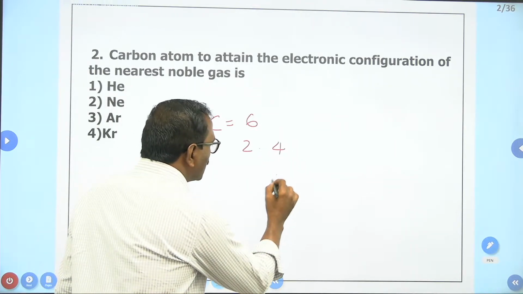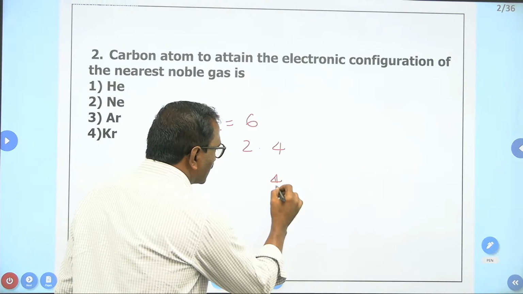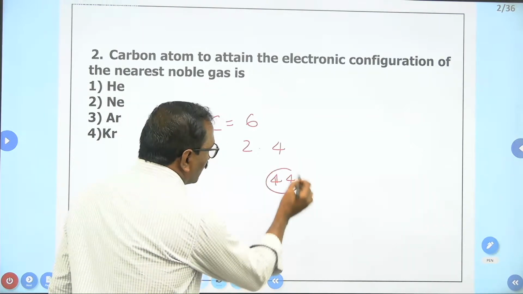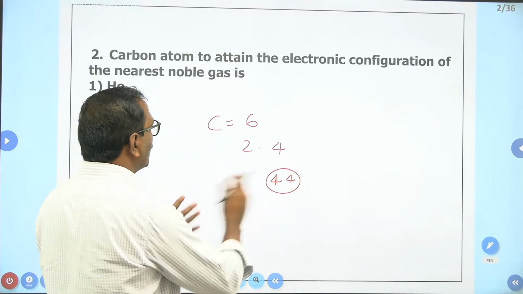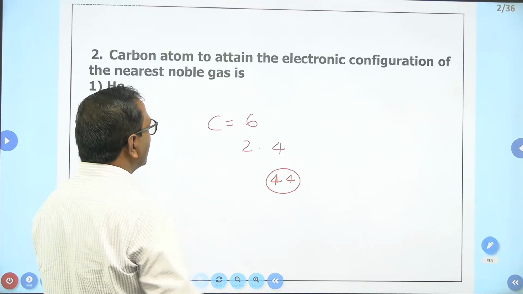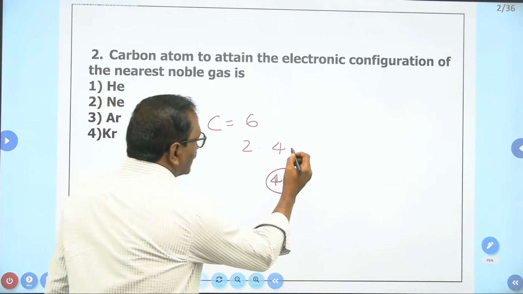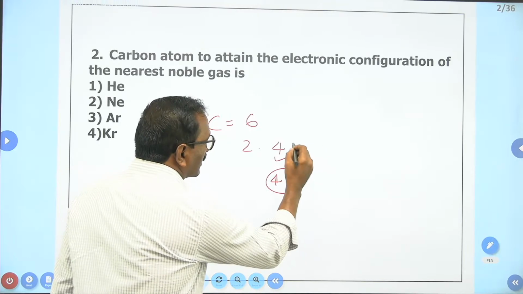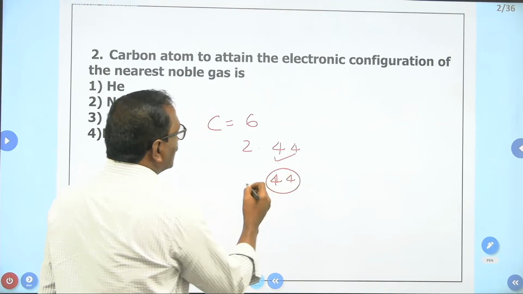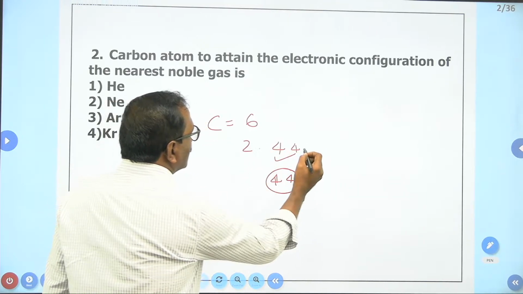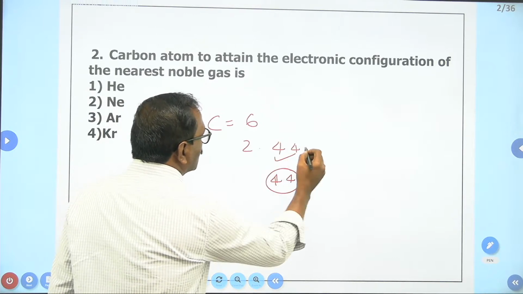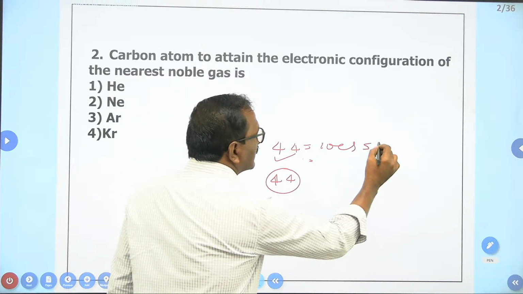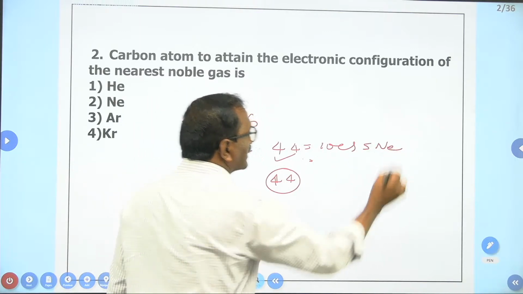Carbon is able to contribute 4 electrons and the other atoms are also able to contribute 4 electrons. Then see now, carbon contributes 4 and the other also contributes 4. Then total how many electrons? 2 plus 2 plus 4 plus 4, this equals 10 electrons. 10 electrons is nothing but neon, the nearest inert gas.